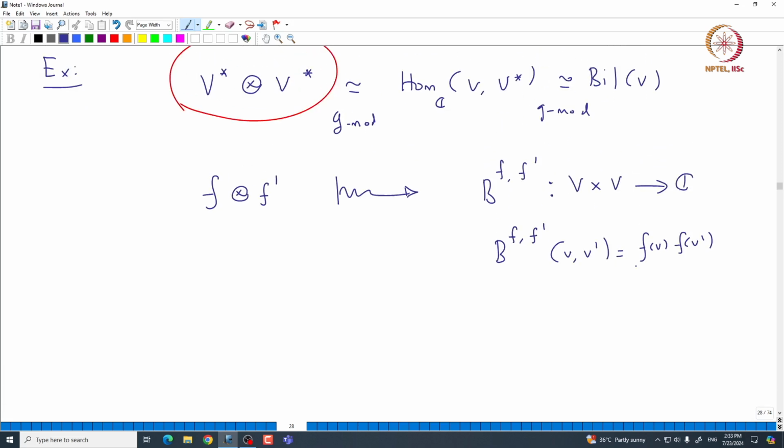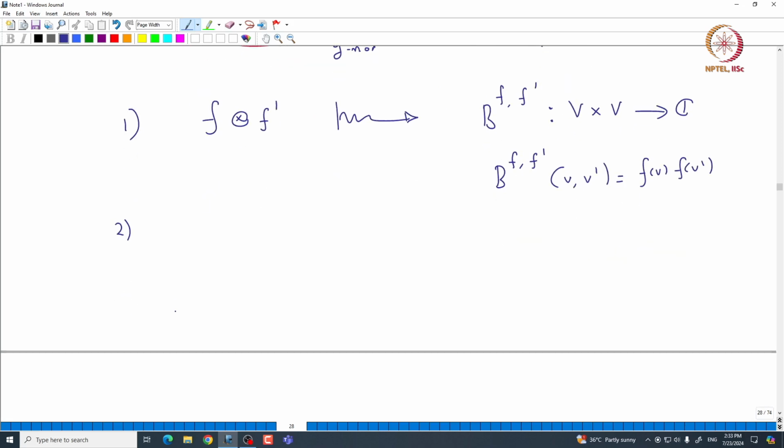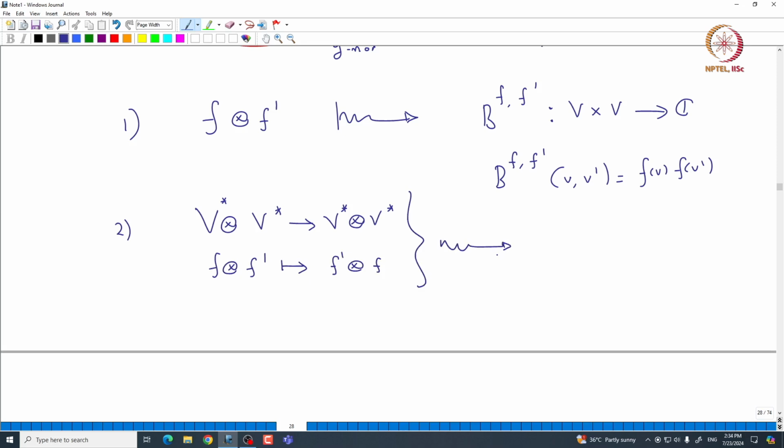This is again easy to see. I will leave it as an exercise. Now you have this natural flip from V star tensor V star to V star tensor V star. So, we have this flip map: f tensor f dash goes to f dash tensor f. What does this correspond to?